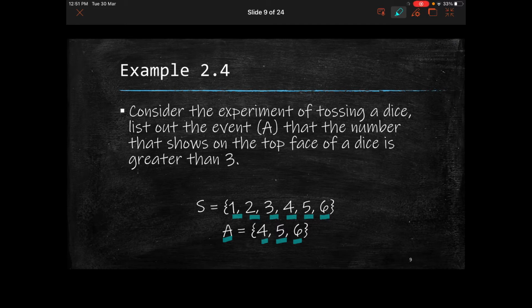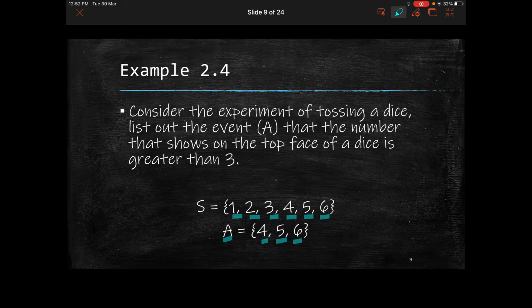Then to calculate the probability of an event, it's equal to the number of favorable outcomes, or outcomes that lead to an event occurring, divided by the total number of possible outcomes.